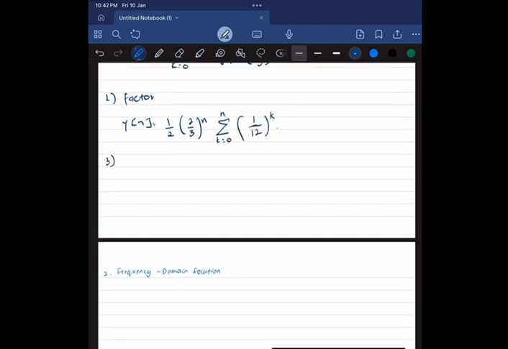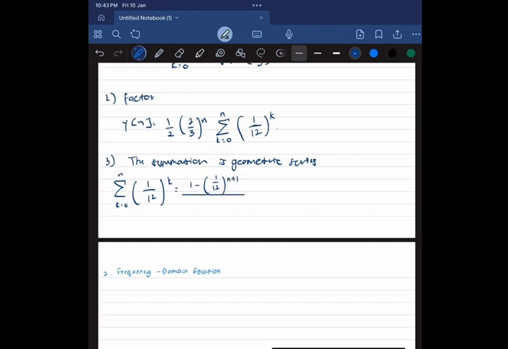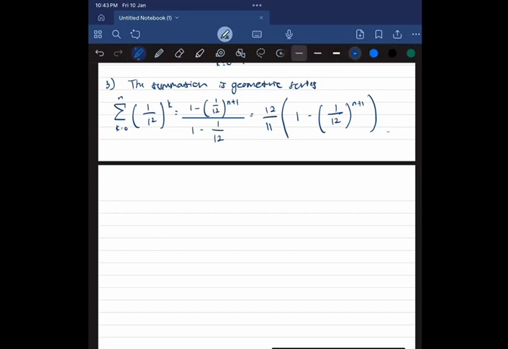Next, we evaluate the summation. The summation is a geometric series, so summation from k equals 0 to n of 1 over 12 to the power of k equals 1 minus 1 over 12 to the power of n plus 1, divided by 1 minus 1 over 12, which equals 12 over 11 multiplied by 1 minus 1 over 12 to the power of n plus 1.